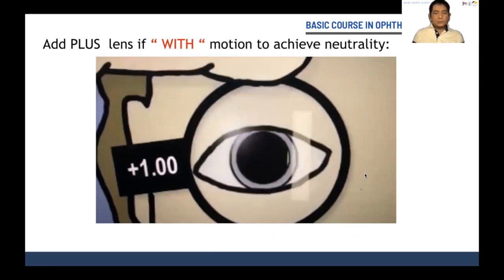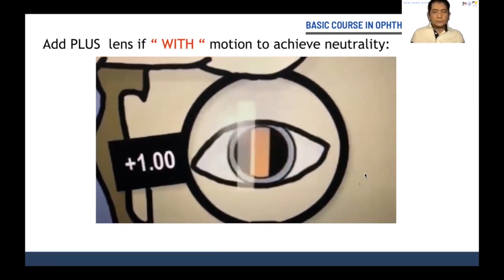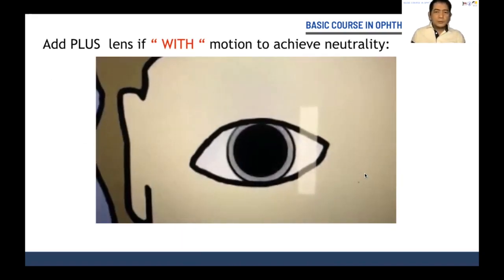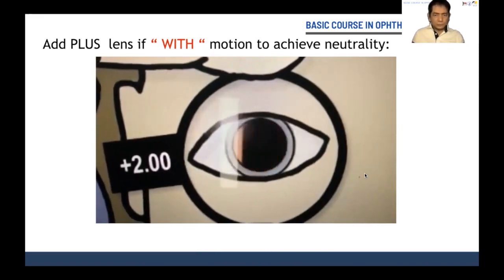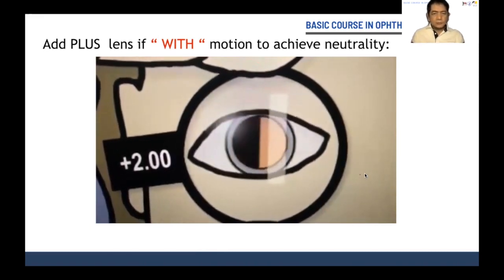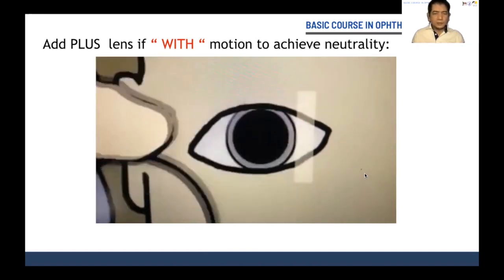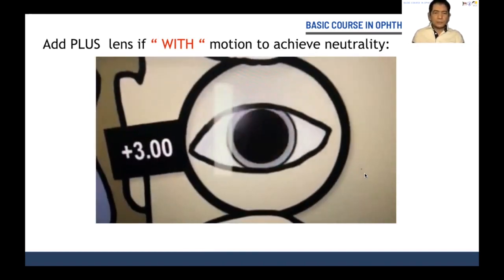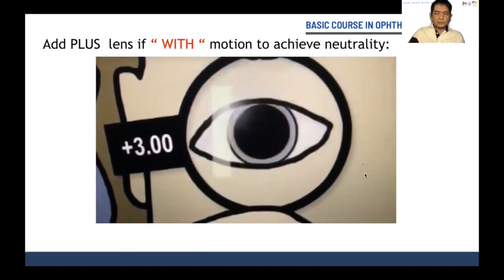In this video, you will observe a with motion. As I said, if you have a with motion, you need a plus lens to neutralize the motion. Like in this case, with plus 2 it is still with, but with plus 3 you have a neutral reflex.